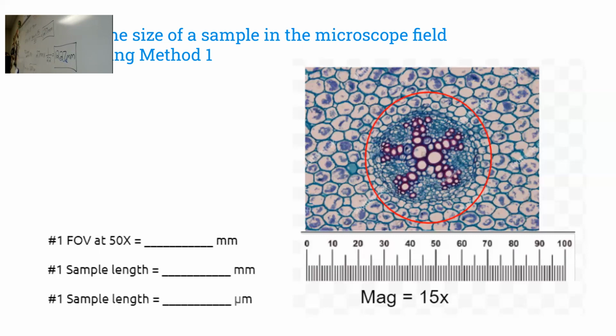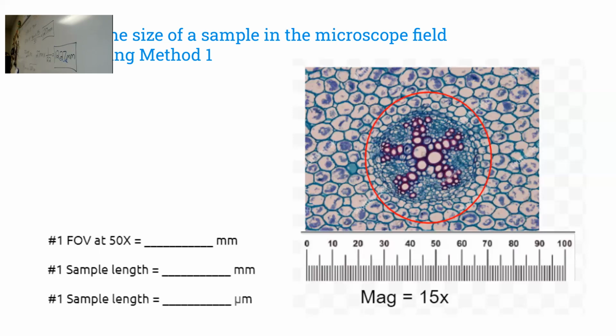You need to use that to find your field of view at low power. Does it look like 4? Okay. So that's your field of view at low power. 4. Okay. Then what magnification did you do this on?